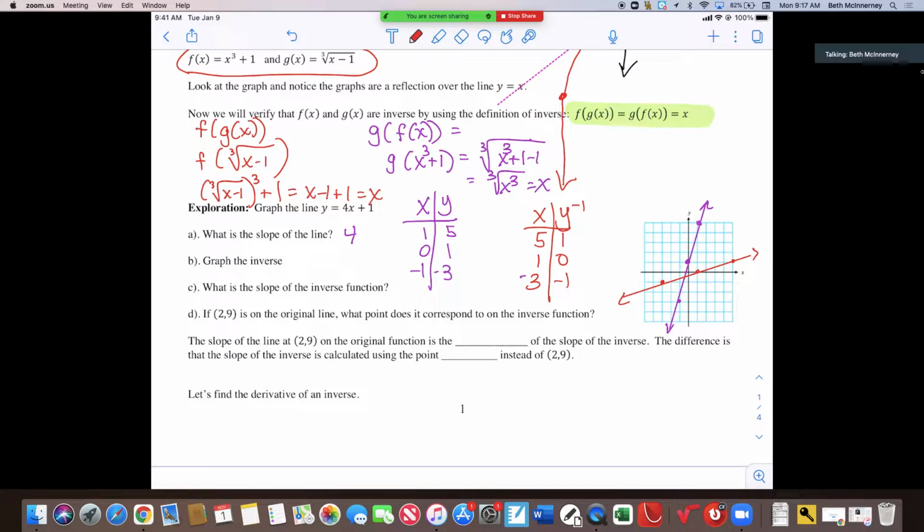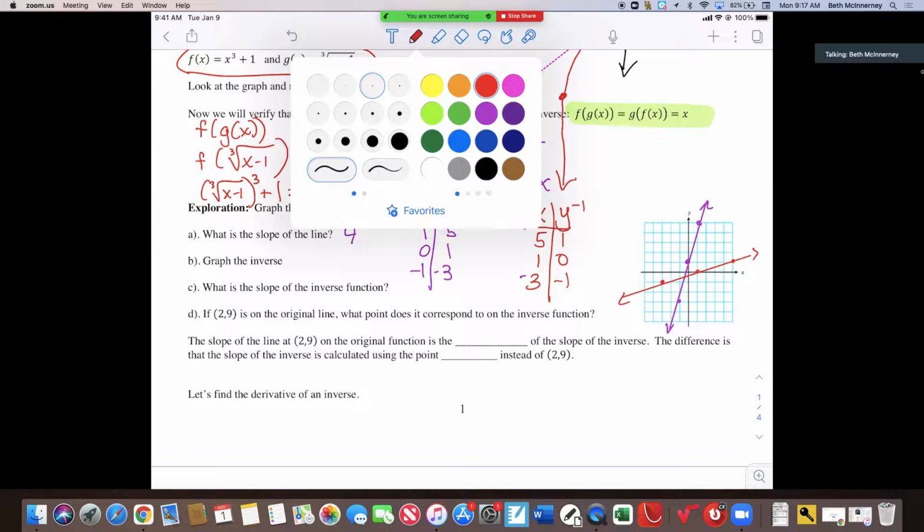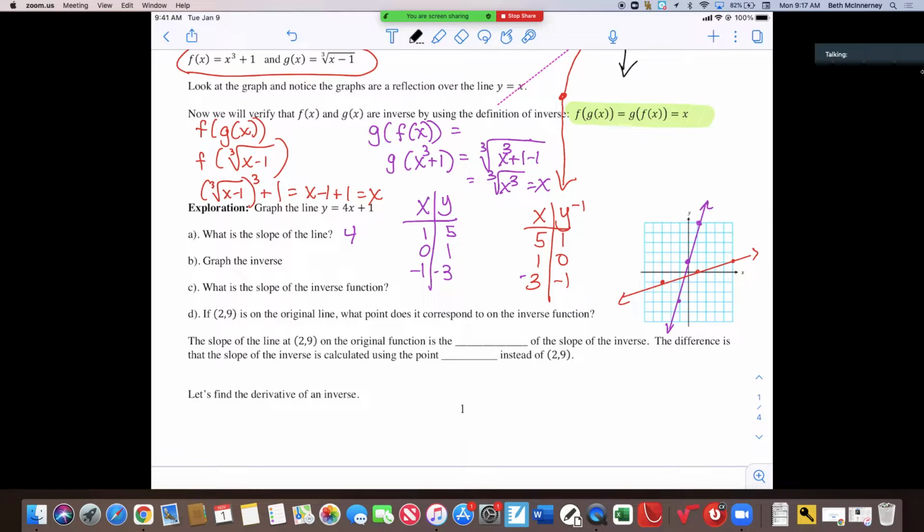Ooh, and what's nice is you can, in fact, see that f and its inverse is a reflection over the line y equals x. So what is the slope of the inverse function?